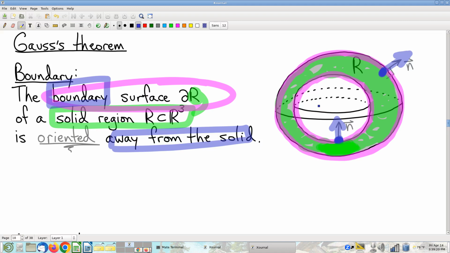So likewise, beware of the concept of boundaries being outward. It's not always outward. It is often outward. But what it always is, is away from the solid and into the nothingness that the boundary separates it from. Okay, how are we doing? Is everybody with me? All right.